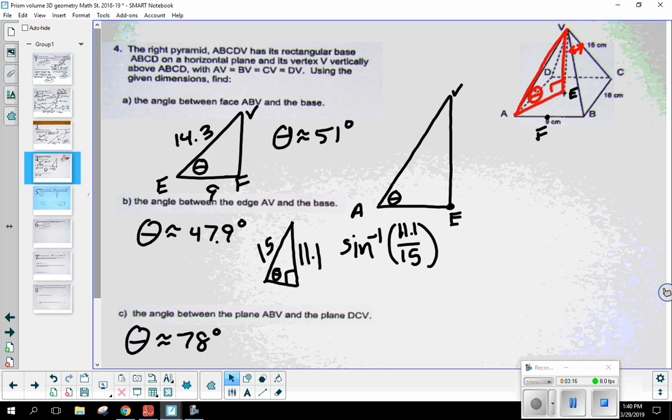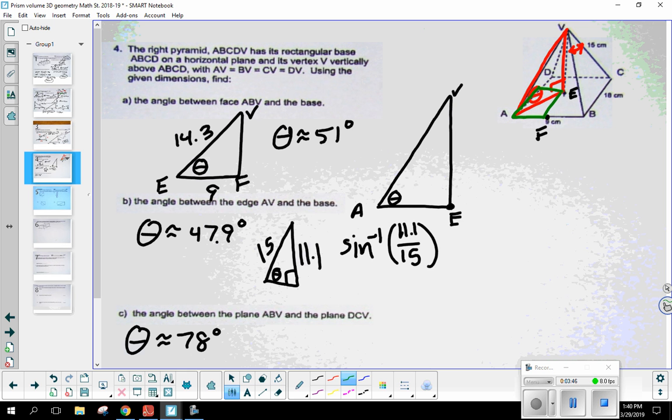Did anybody want to see it done a different way? He used the height and the slant edge. What I did was use the slant edge and then the base AE. Because if I connect this right along the base, that creates a rectangle.